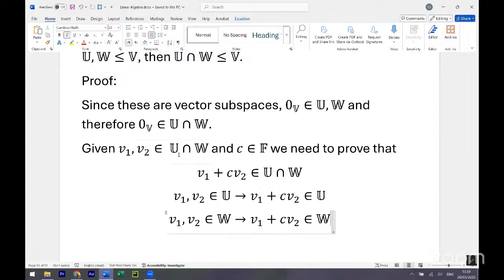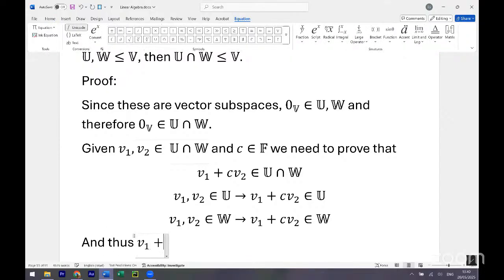But within the intersection, it works perfectly, and thus V1 plus C V2 is within the intersection. Any question up until now?